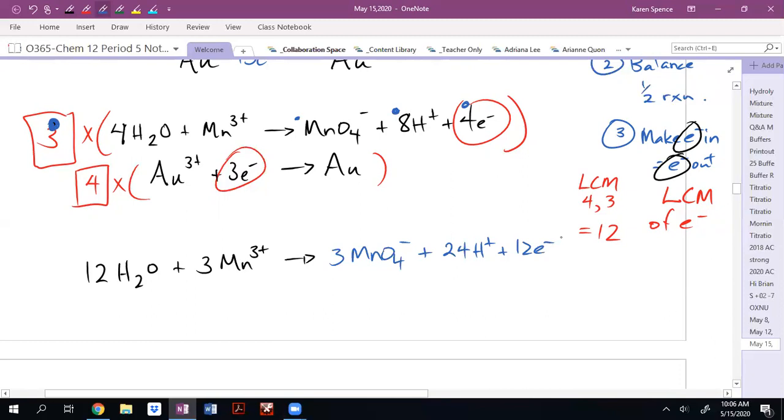So that's my first half reaction. My second half reaction: 4 times 1 is 4 Au3+, 4 times 3 is 12 electrons, and then 4 times 1 is 4 Au.